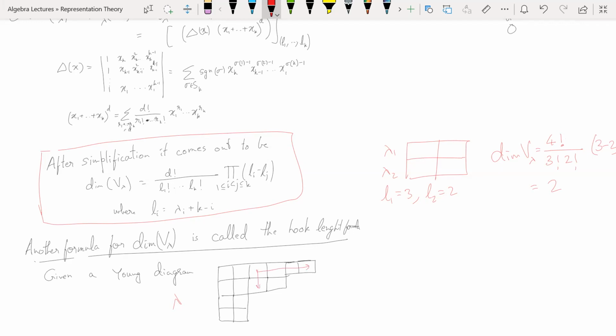You find the length of this hook and put it in this box. The length of this hook is 3 plus 1, 4. It will be 5, you count the box itself as well. So 5, you have to count the box as well.